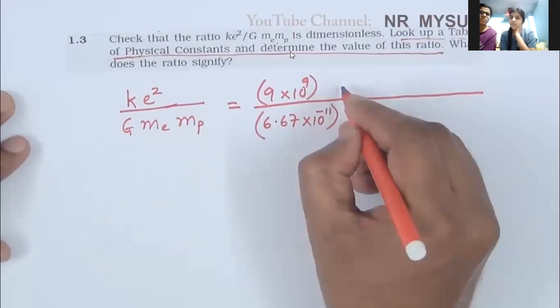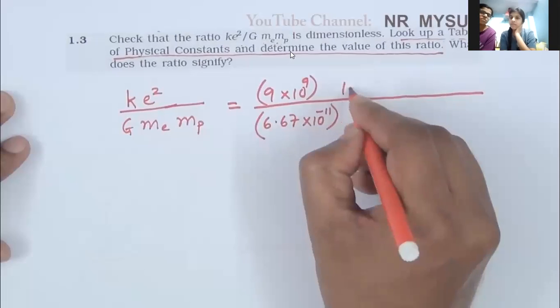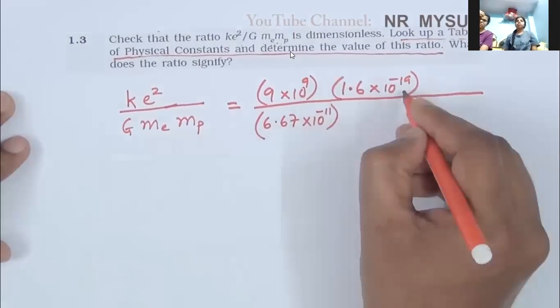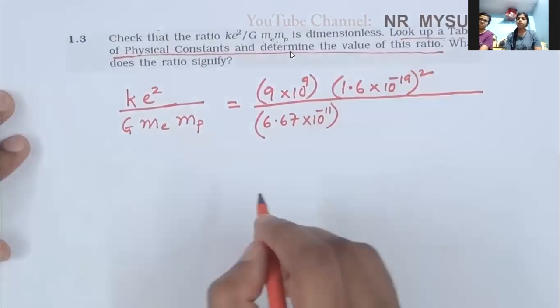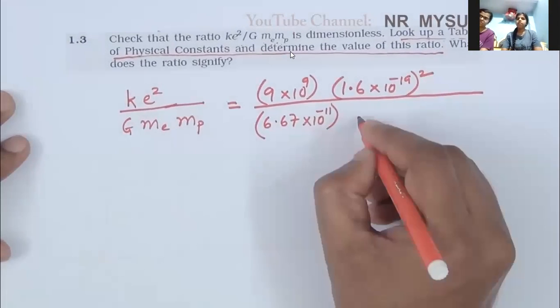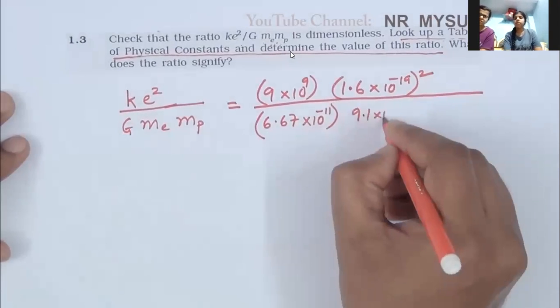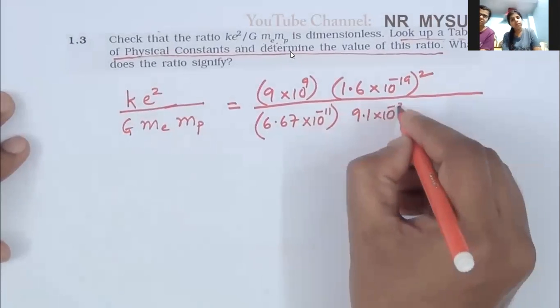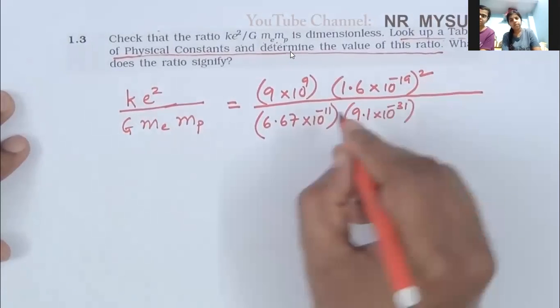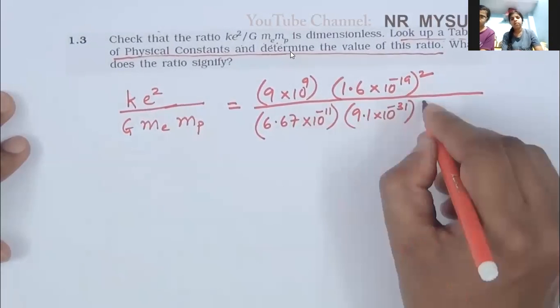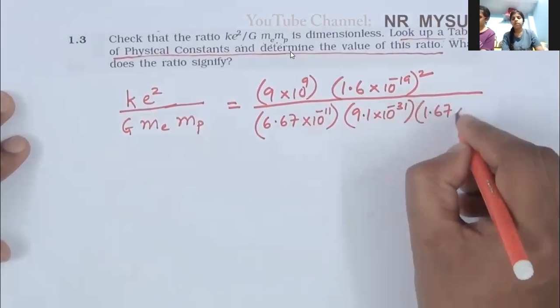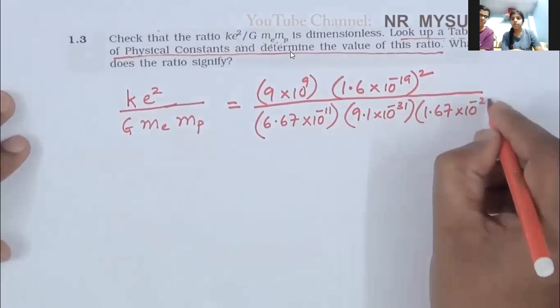Charge of electron is 1.6 × 10^-19. Charge of proton is also the same magnitude, squared. Mass of electron is 9.1 × 10^-31 kg. Mass of proton is approximately 1.67 × 10^-27 kg.